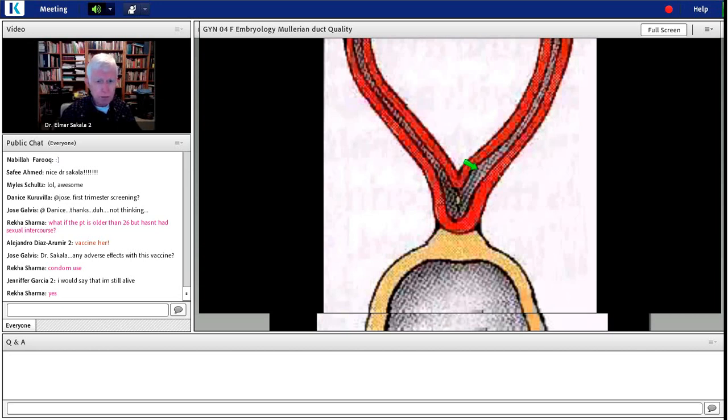Can you see the cervix is beginning to form right here? I love it. This is a great video clip, and you can see how it describes it very well. So I'm going to let this just play on its own.